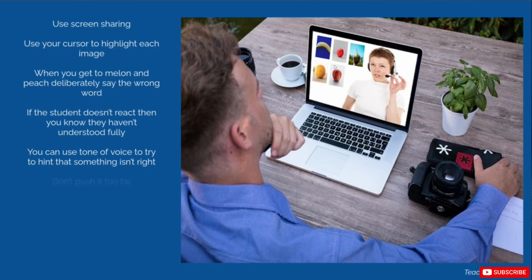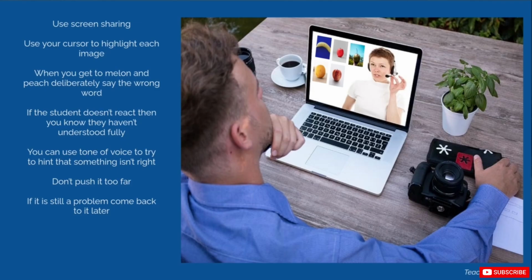But as we talked about before, don't push this too far. If you've already been through this a few times and your student is still making this mistake, we can decide at this point whether we need to come back to this later and not waste any more time at this point. The longer you spend on this, the more it eats into your lesson time.